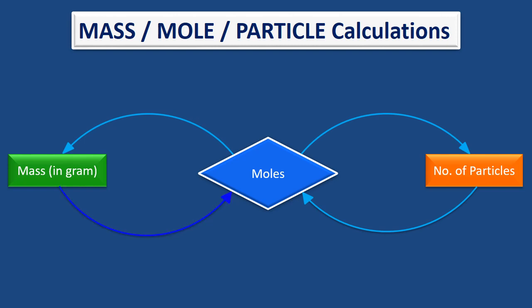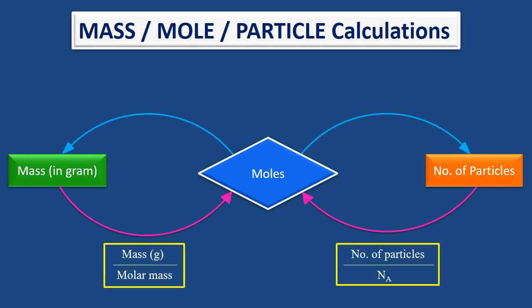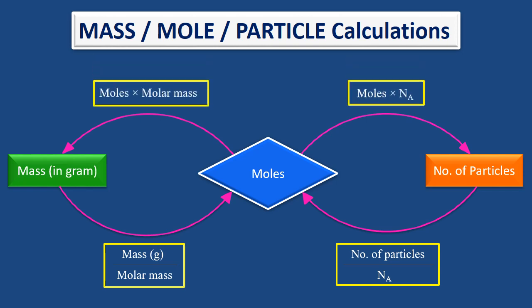Now moving towards moles either from mass or from particles, use division formulae, while moving away from moles, use product formulae. Now dealing with mass, use molar mass as a multiplying and dividing factor. While dealing with particles, use Avogadro's number as a multiplying and dividing factor.